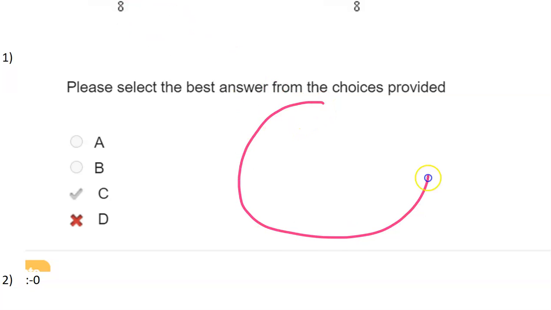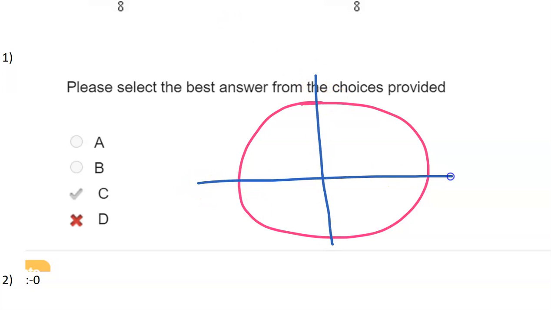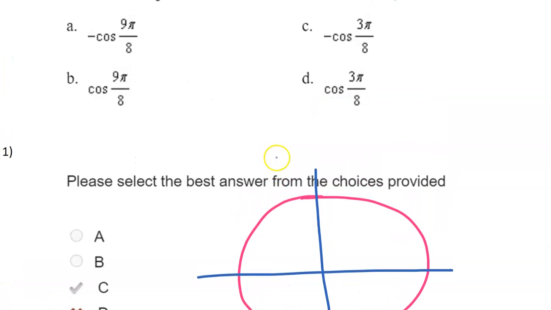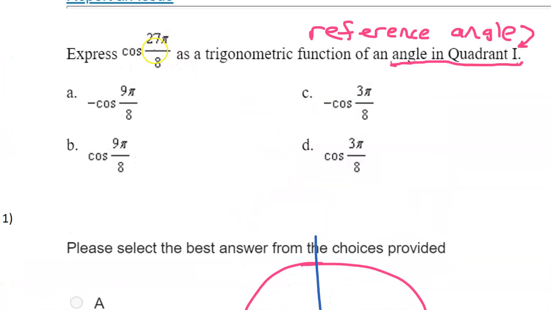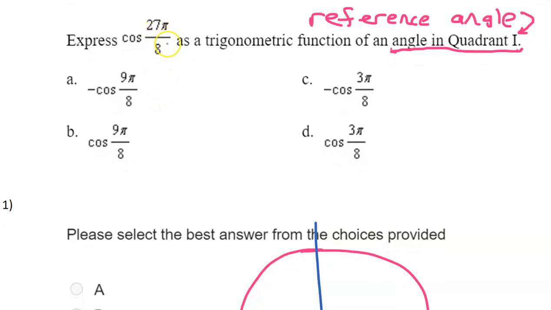So here is my unit circle as I'm getting ready. All right, and I've got 27 pi over 8. It would be useful to figure out what this is as a decimal. Okay, 27 pi over 8.